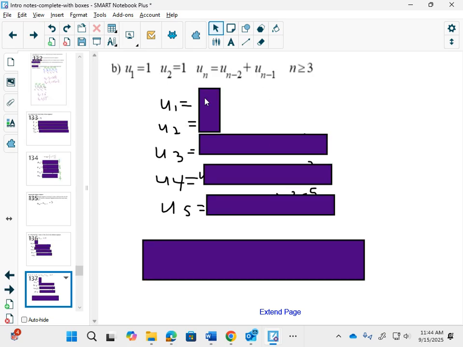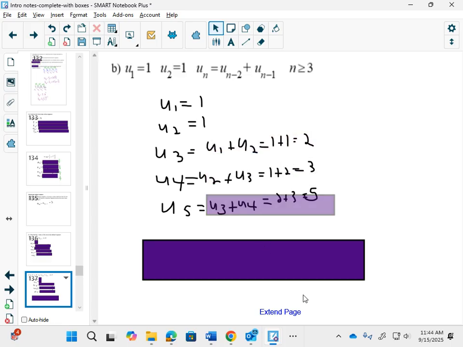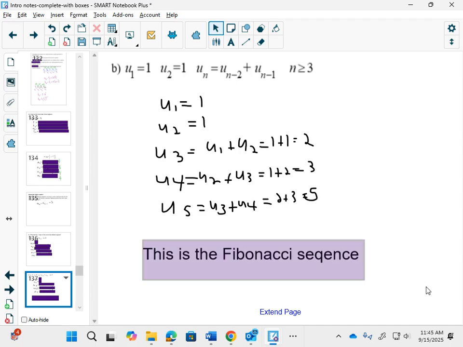So u1 and u2 are both 1s. And then the next one is found by adding the 2 previous ones. Did you recognize these numbers? It's a Fibonacci sequence.